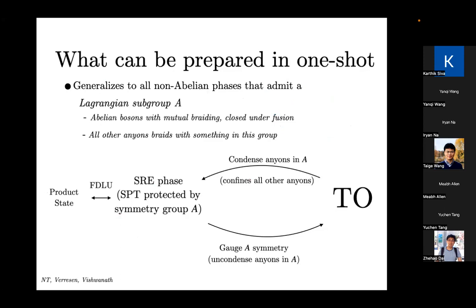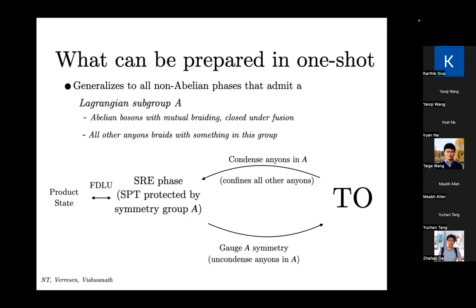Let me comment on what else you can prepare in one shot. This actually generalizes to so-called non-abelian phases that admit a Lagrangian subgroup. What that means is you only need abelian bosons, so your anyons have to be bosons, and they braid trivially with each other. The only other condition is that anything else braids non-trivially with the set.